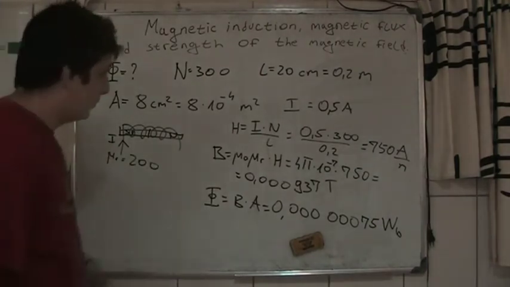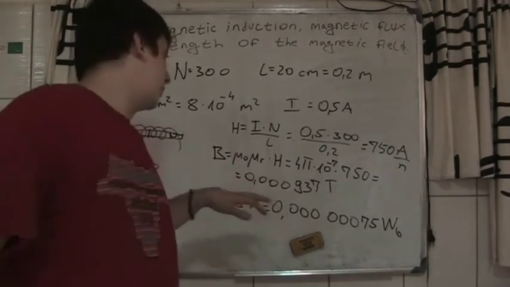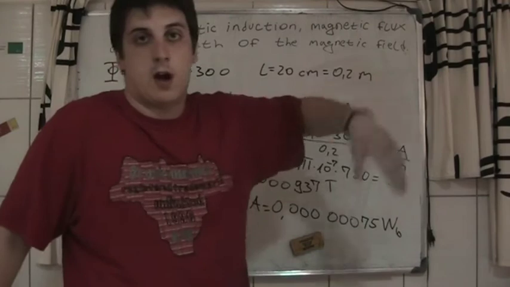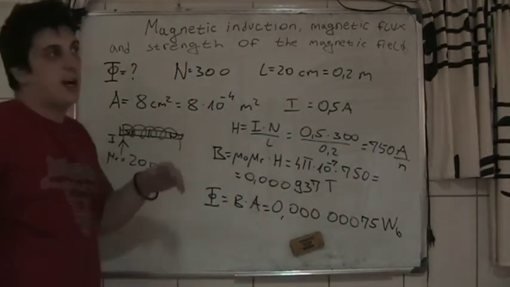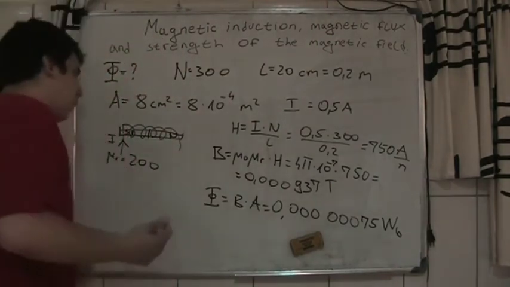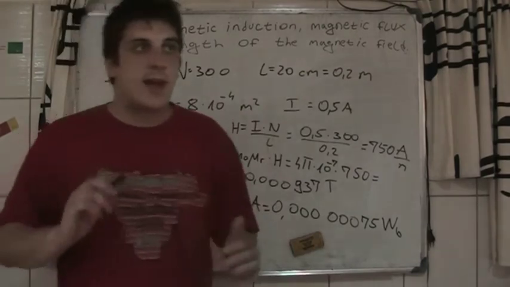But as you can see, there's a problem. You think, well, if I put higher and higher current, this is going to be some kind of strong supermagnet. No, every material has a point where you can't add more.